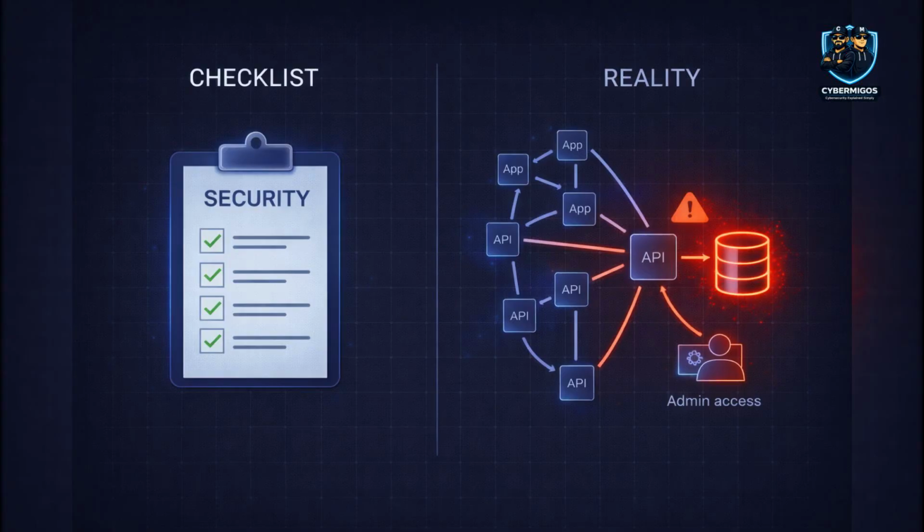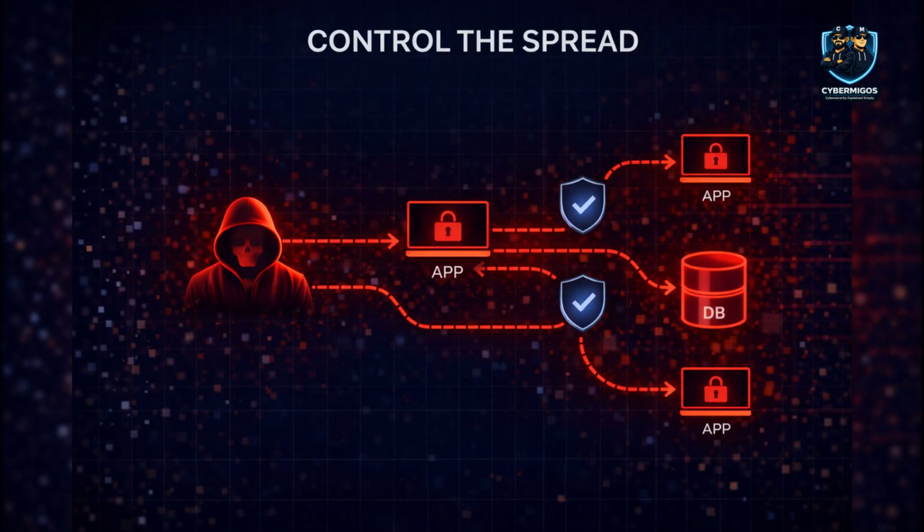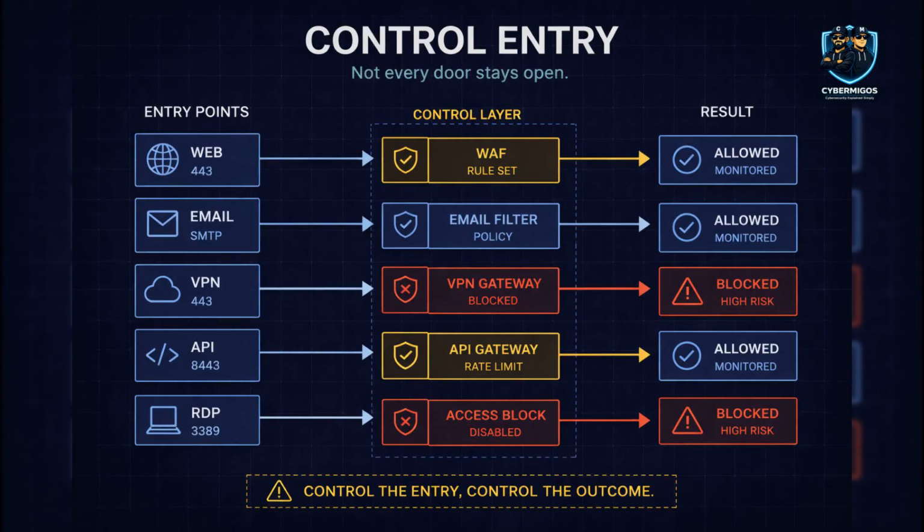And the reason people miss this is because threat modeling became a checklist. Something to complete instead of something to think through. So, how do you stop this? You don't try to eliminate every risk. You control how far it can go. First, reduce entry. Limit access, strengthen authentication, and reduce exposed surfaces.